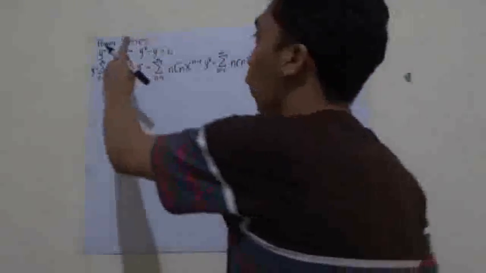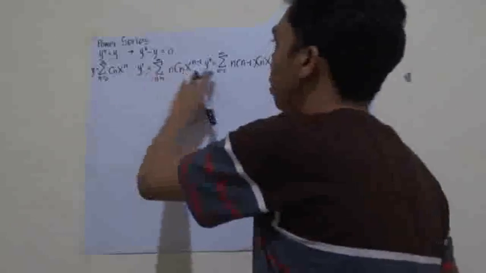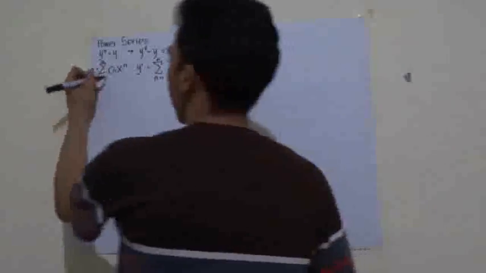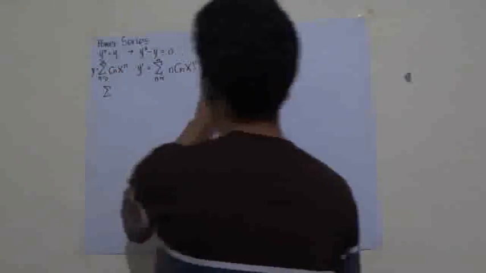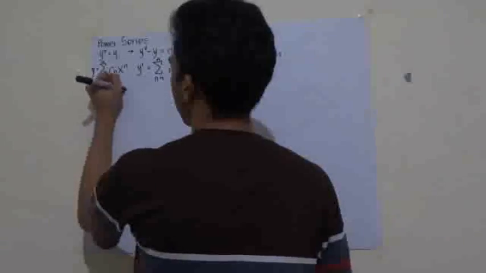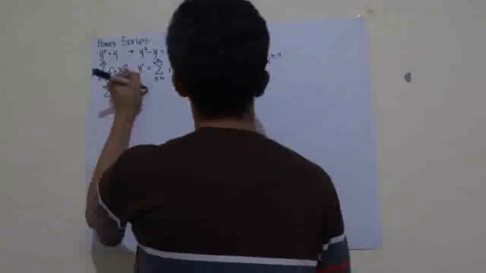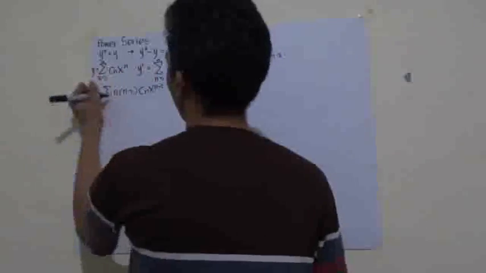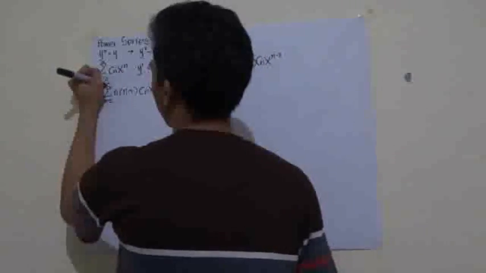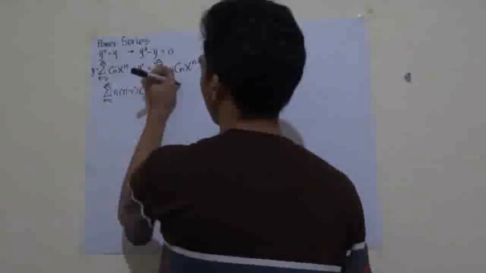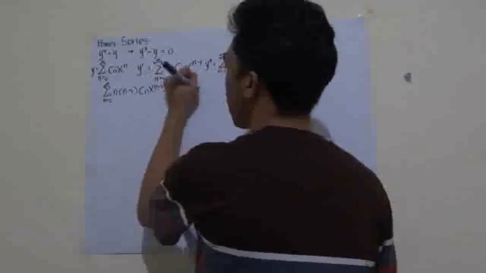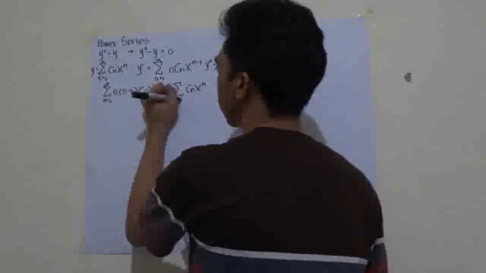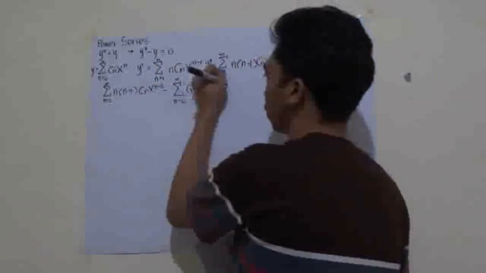And substituting the values of y prime and y double prime into our equation, we'll have the summation of n times n minus 1 c sub n x raised to n minus 2, where n is equal to 2 to positive infinity, minus the summation of c sub n x raised to n, where n is equal to 0 to positive infinity, which is equal to 0.